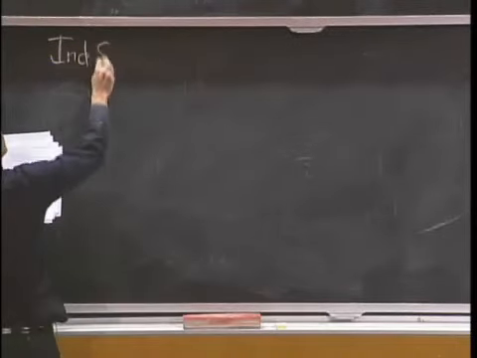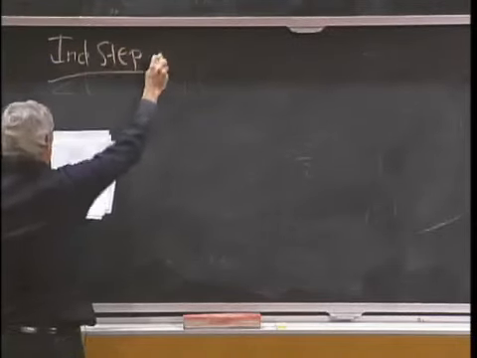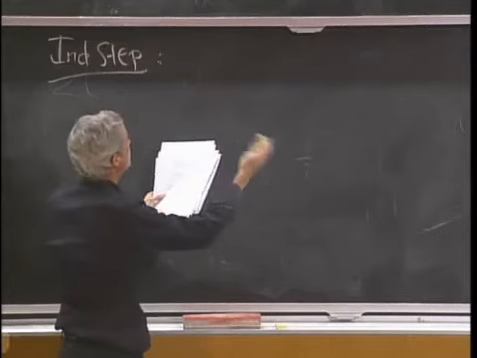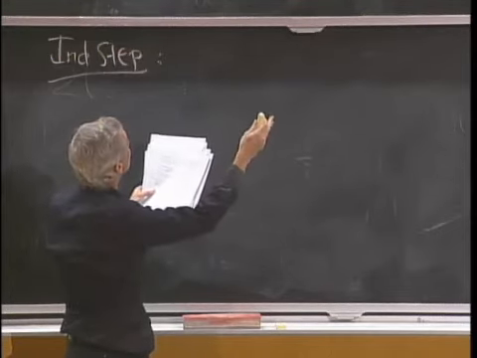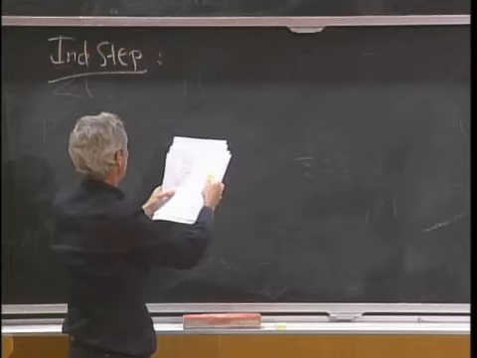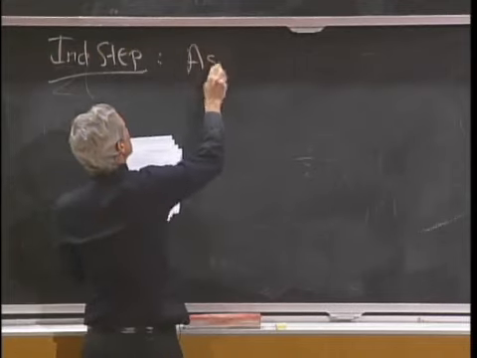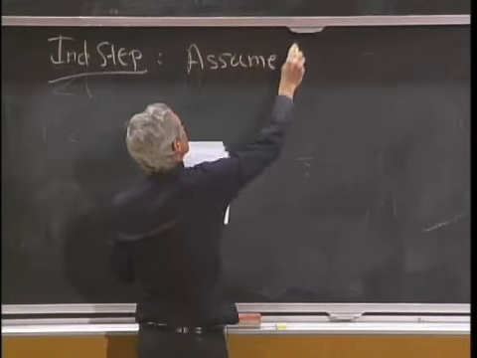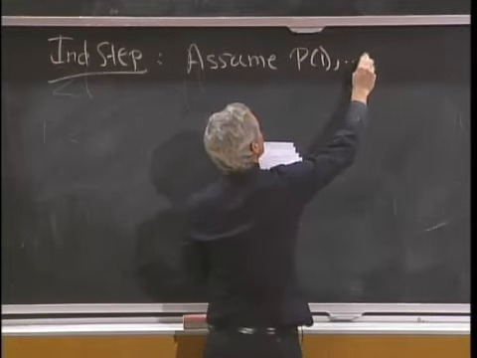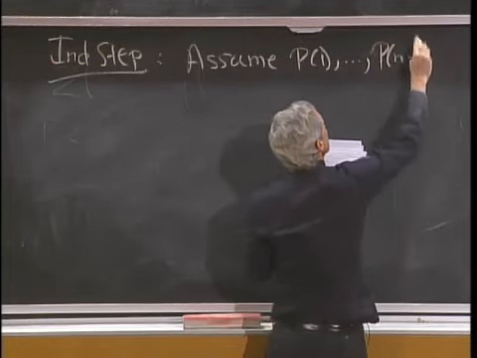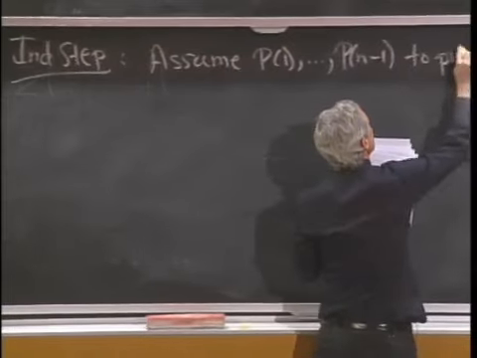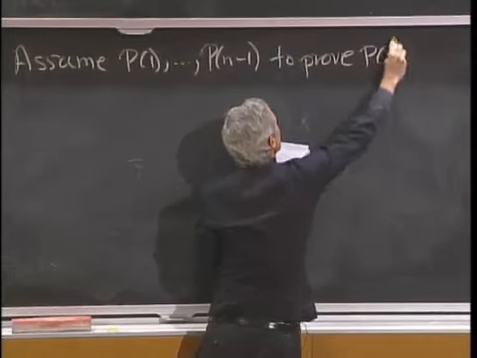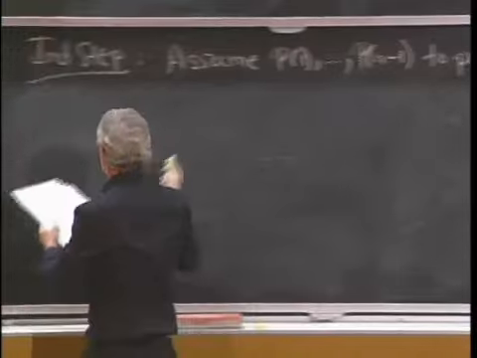The induction step: we're going to assume P1, P2, P3 up to P of n minus 1 to prove P of n. Let's look at P of n.